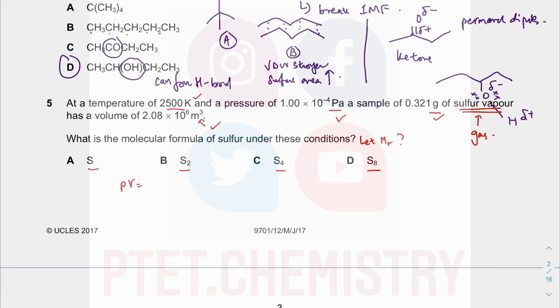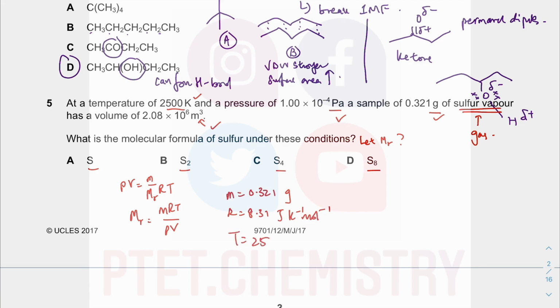Okay. PV equal to nRT, where n is the mole of the gas. The mole of the gas you can relate to the mass over the Mr of the gas. We want the Mr of the gas, so it's mRT over PV. Your m is 0.321 gram. Your R is from your data booklet at 8.31 joule per Kelvin per mole, sorry, not per gram, per mole.